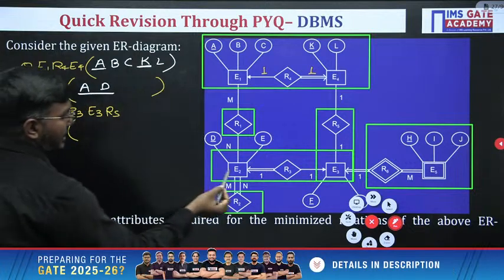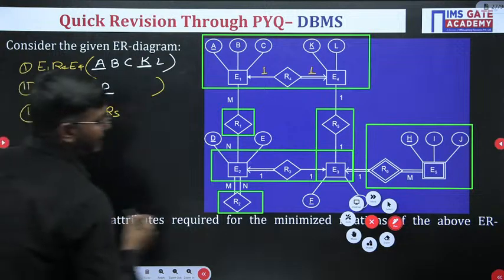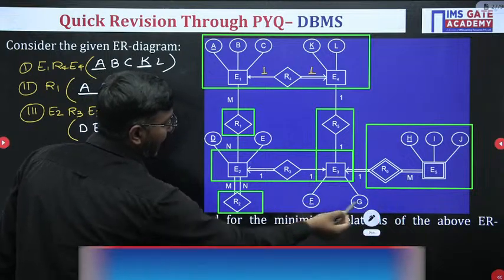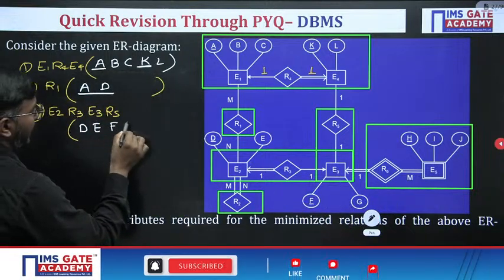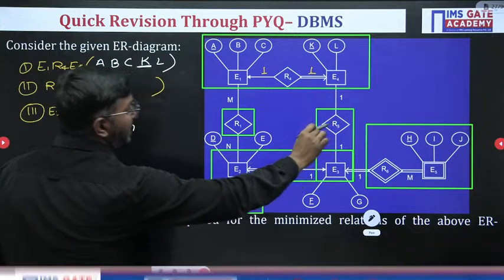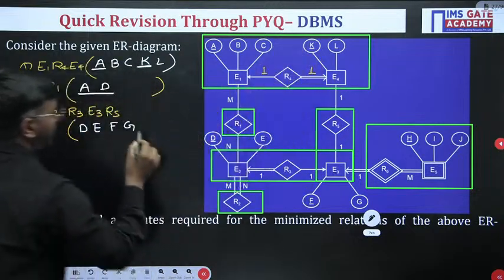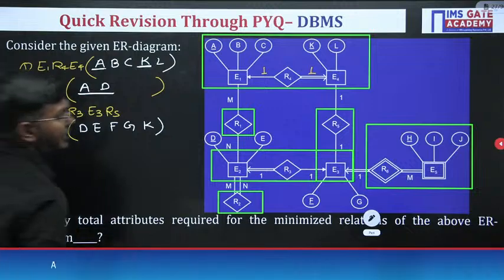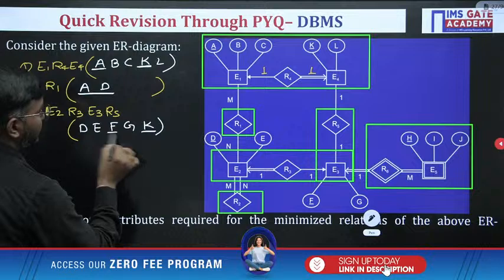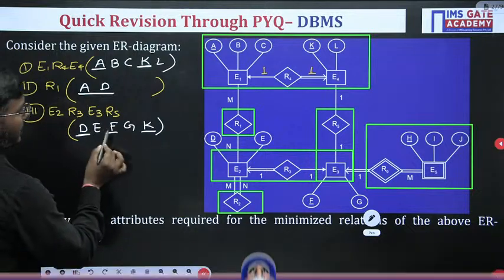E2 has 2 attributes, D and E. E3 has 2 attributes, F and G. And R5: whenever I merge R5 into this, it will bring the key attributes of E4, that is our K. So K is a key attribute, F is also a key attribute, and D is also a key attribute. All these. Fine.